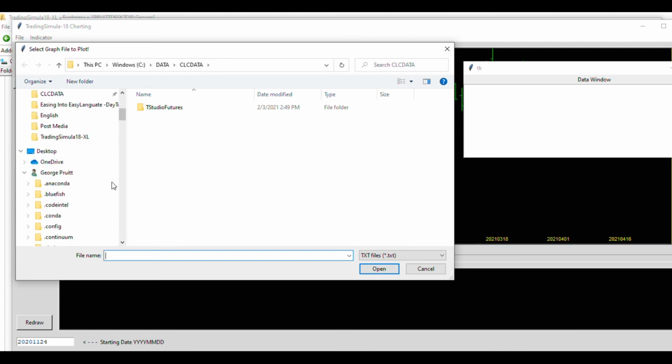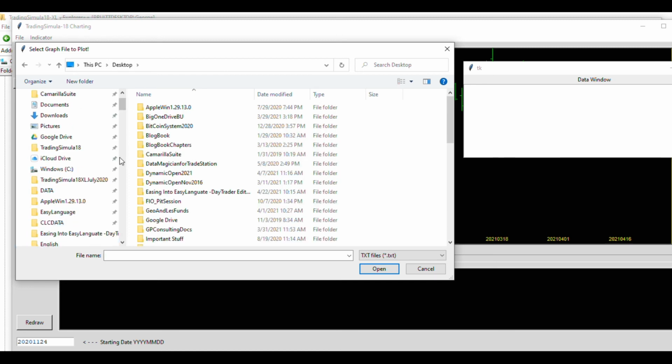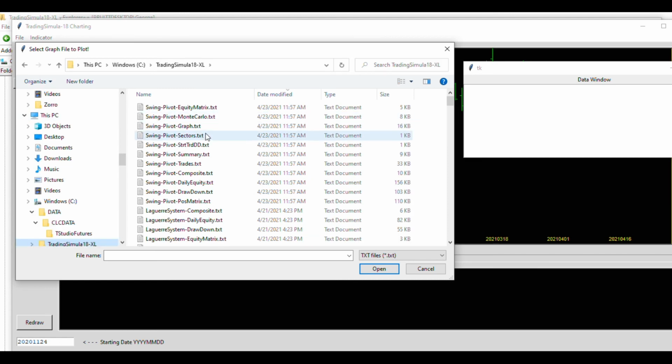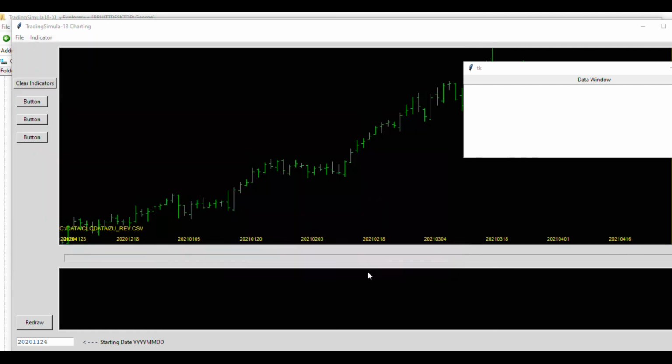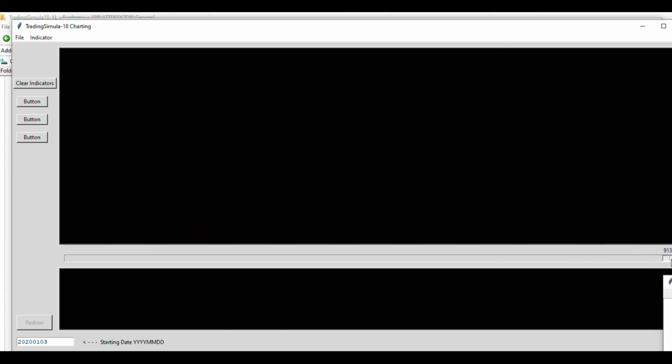So we need to go to Trading Simula 18. Sorry about that, guys. Click once, not twice. And we're going to do the graph. Graph means the trades in a graphic format that can be plotted. So here we go. Let's go back to that time period we were looking at previously. I've got a little scroll bar here that you can pull back.